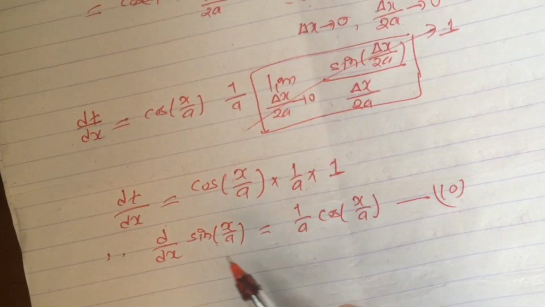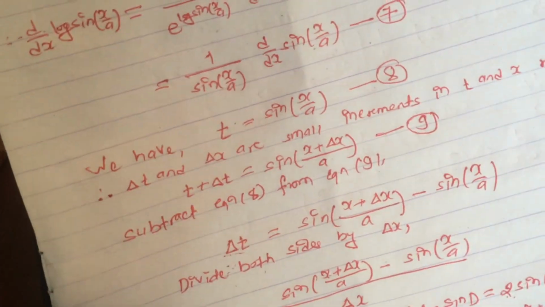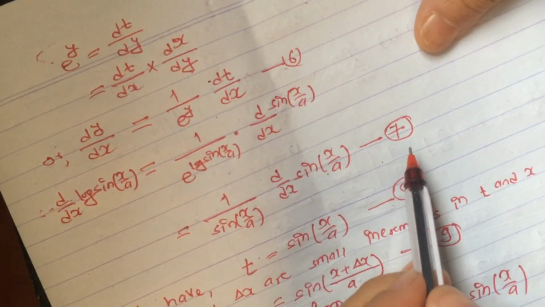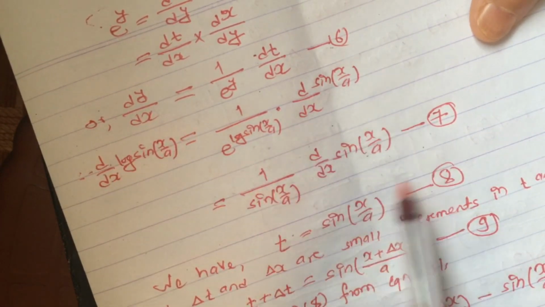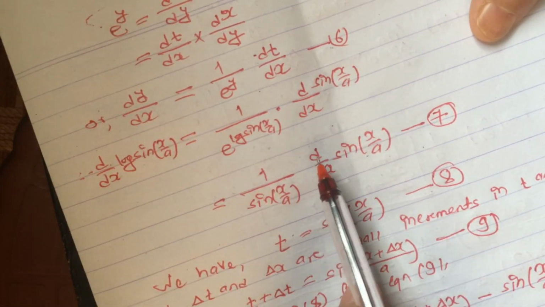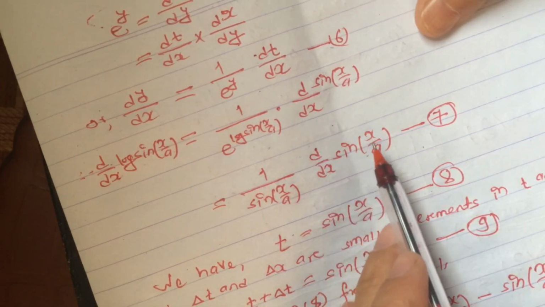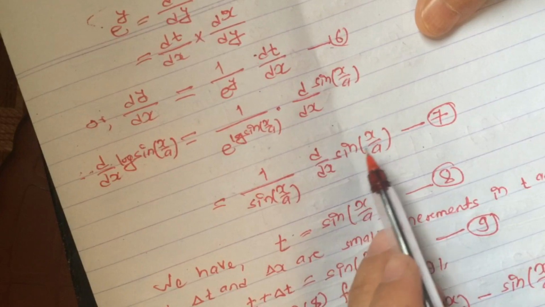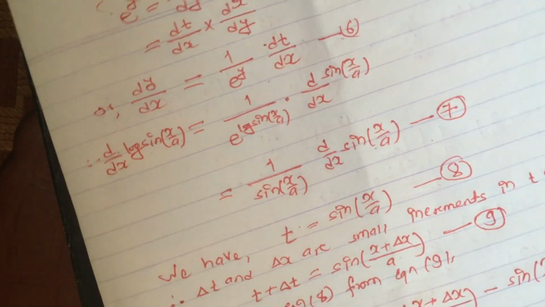Now we have found d by dx of sine x by a is equal to 1 by a cos x by a. We have to use this relation in which equation? In equation 7. Because the given function is this, and we needed to find d by dx of sine x by a, and we have found it is 1 by a times cos x by a. So let's use that here in equation 7.